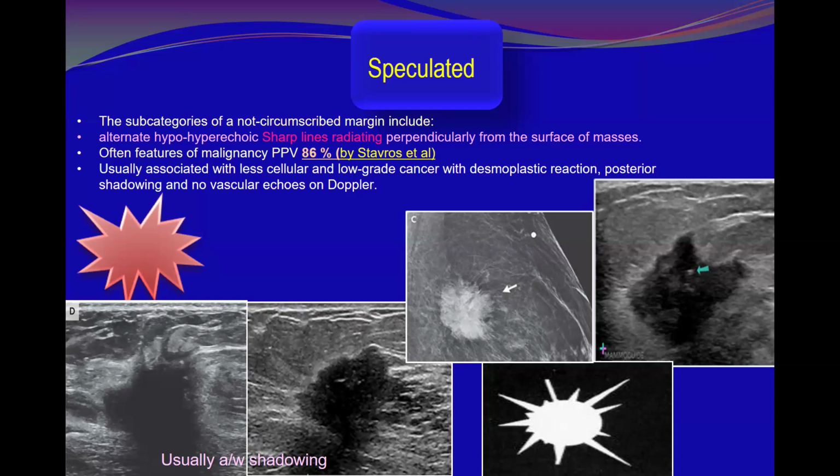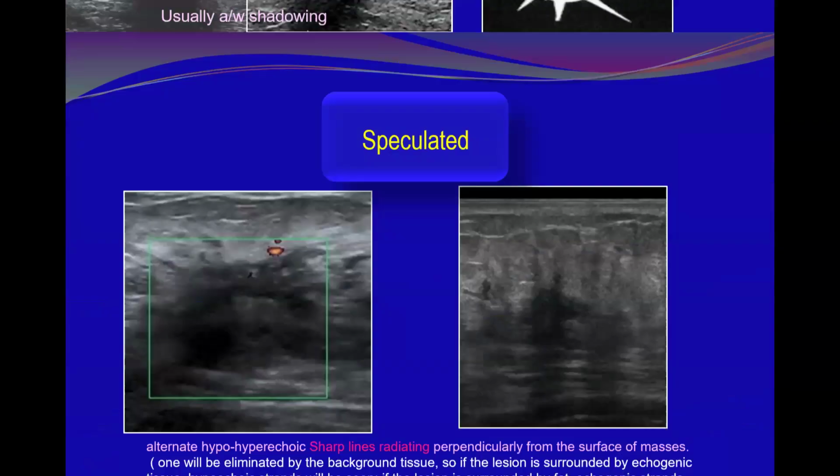Okay, this is high. The highest predictive value among the descriptors is the spiculated margins. It is usually associated with less cellular cancers or masses and low-grade cancer with desmoplastic reactions. And as you have seen here, usually there is posterior shadowing because of the associated desmoplasia and fibrosis, and correspondingly no flow on Doppler scanning.